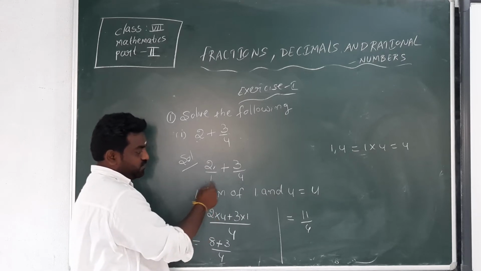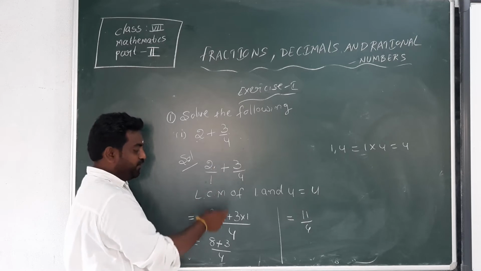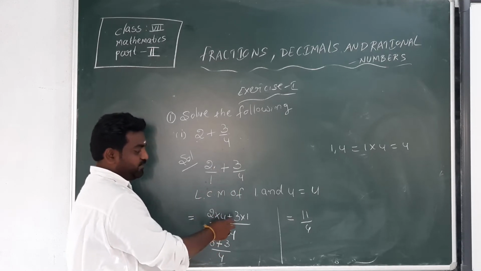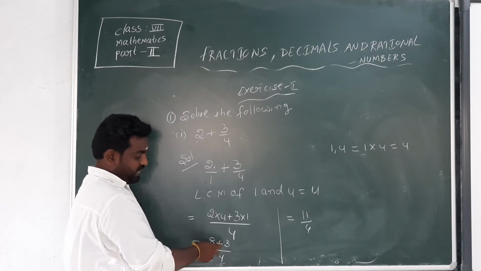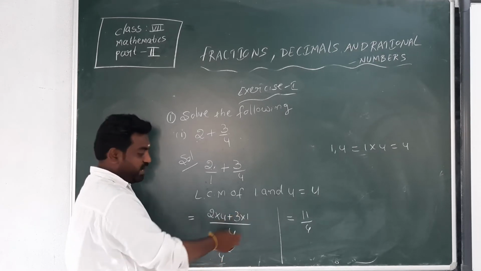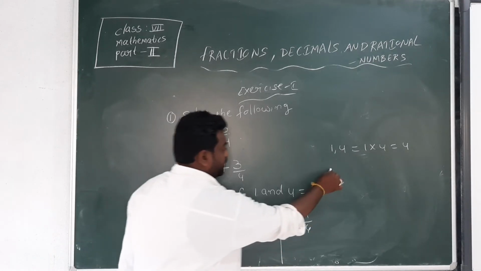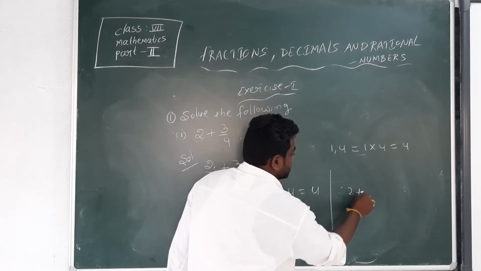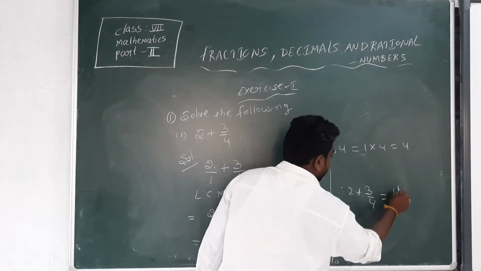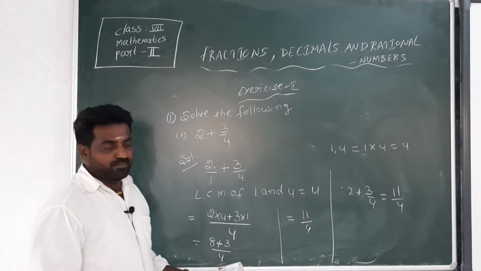Now cross multiplication: 2 into 4 plus 3 into 1. 2 fours are 8 plus 3 ones are 3, 8 plus 3 is 11. Therefore, 2 plus 3 by 4 is equal to 11 by 4.